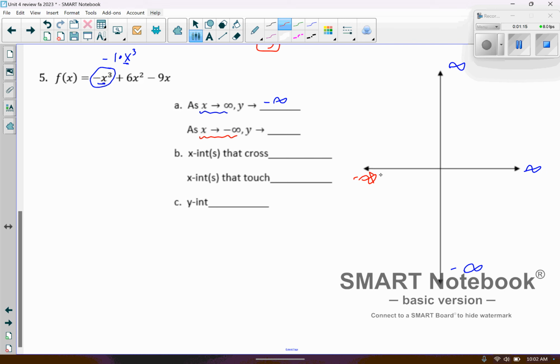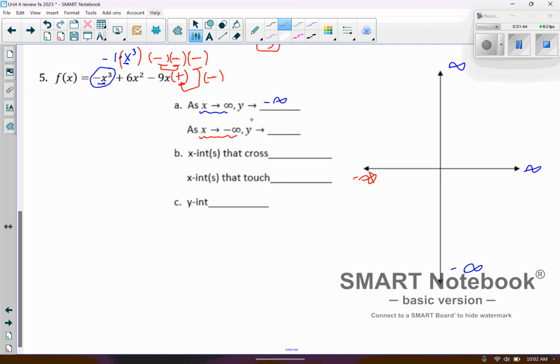Then the left end behavior, as x goes to negative infinity, we're going to look at what's the behavior of y. Once again, I plug in a negative x value, a big negative number, whatever you want to plug in. We're multiplying the negative together 3 times. A negative times a negative will give me a positive, but then a positive times a negative will give me a negative.